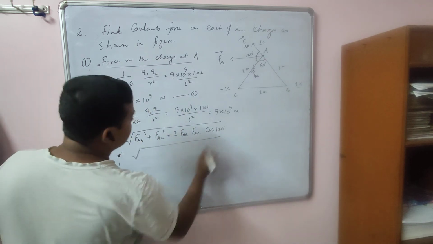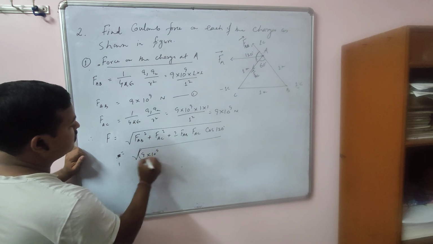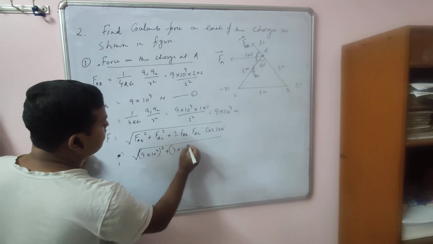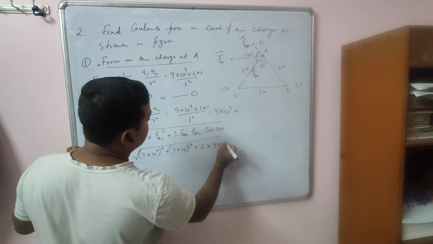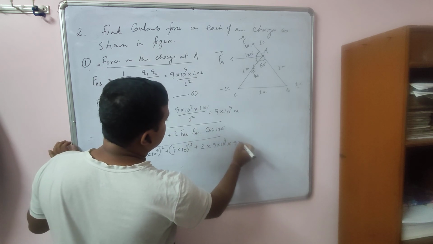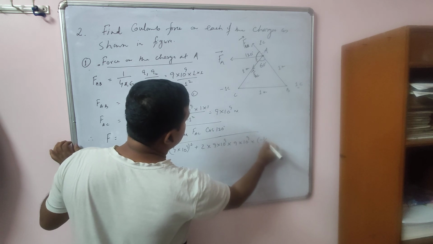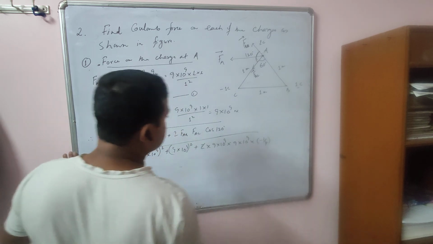So it is 9 into 10 to the power 9, whole square, plus 9 into 10 to the power 9, whole square, plus 2 into 9 into 10 to the power 9 into 9 into 10 to the power 9, times cos 120. The value of cos 120 is minus 1 by 2, so this 2 cancels out.